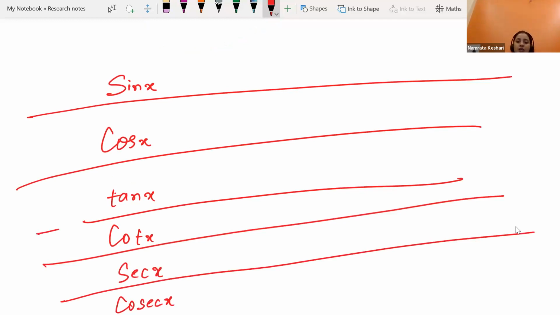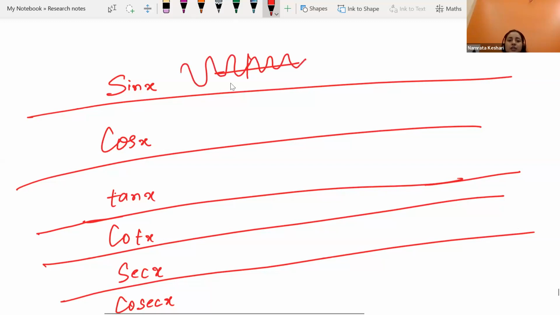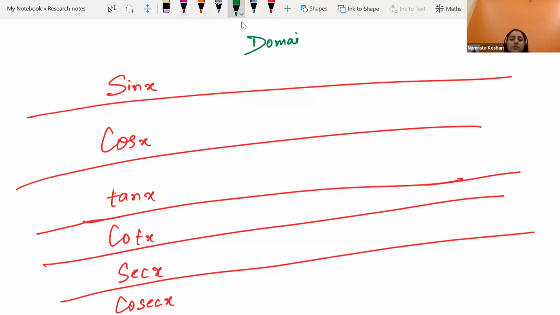That means this type of curve is there for the sine function. So we realize that any x value we can take for the sine function. The input x can be any real number, right? That's why we say that domain means the input x and range means the output y. That's why we say that the domain is all real numbers.